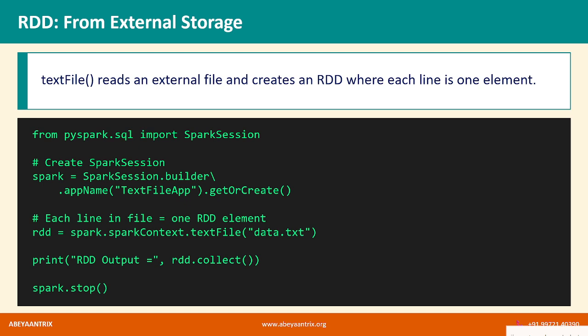Here we are reading the data from the text file: RDD is equal to spark context.textFile data.txt. You concentrate only on this line. The remaining we have already done, creating the Spark session and everything. After you process the data present in data.txt, you are going to collect it and print it. This is the second method.